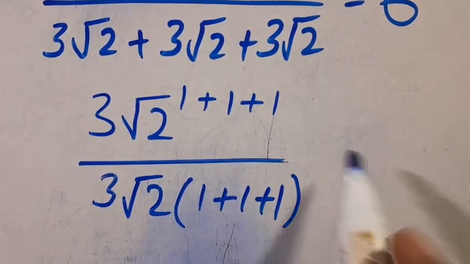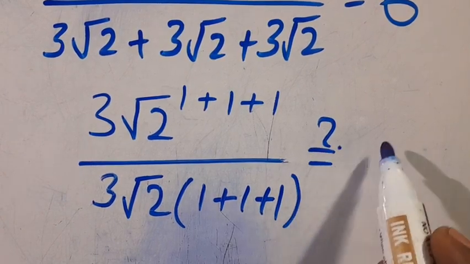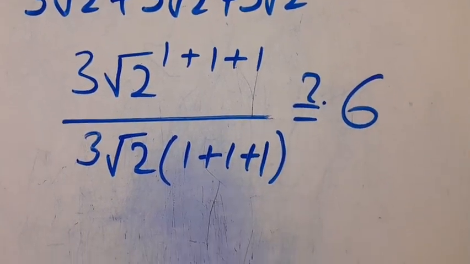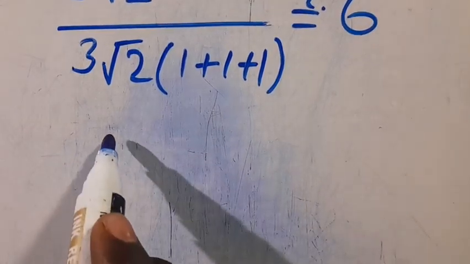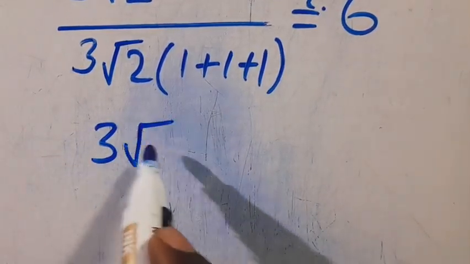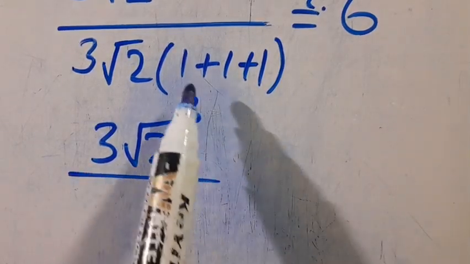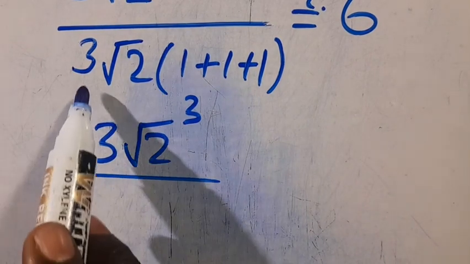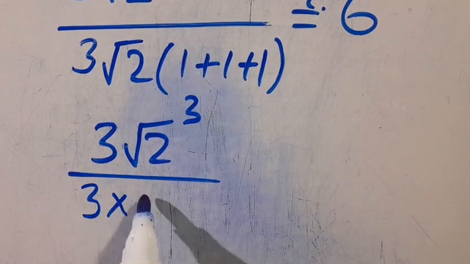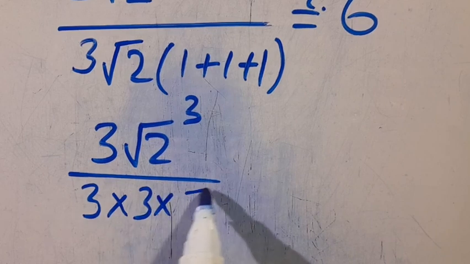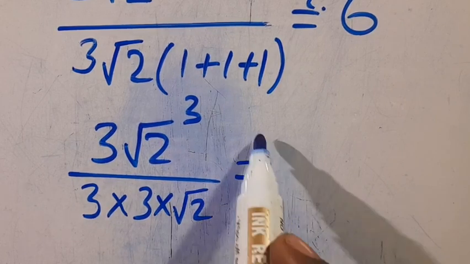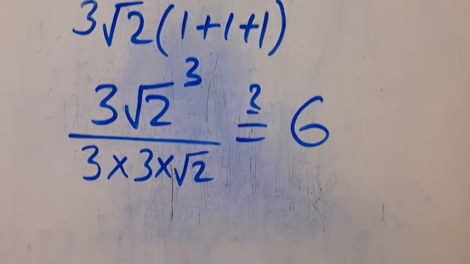We close it, then it's going to give us 6. We have here to be 3 root 2 to the power of 3 divided by 1 plus 1 plus 1 here will be 3 times this. We have 3 times 3 times root 2. Then it's going to give us 6.